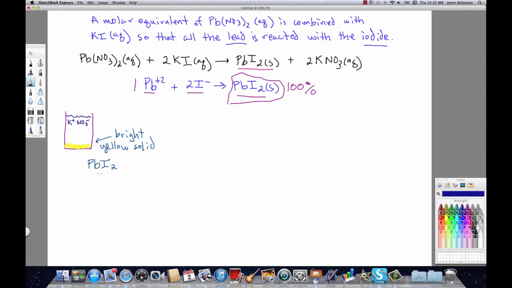But sparingly soluble, saturated solution, what that means is that some of the lead and some of the iodide is dissolved in the solution above the solid, but very little of it. So I'm going to rewrite now my equilibrium expression for this.